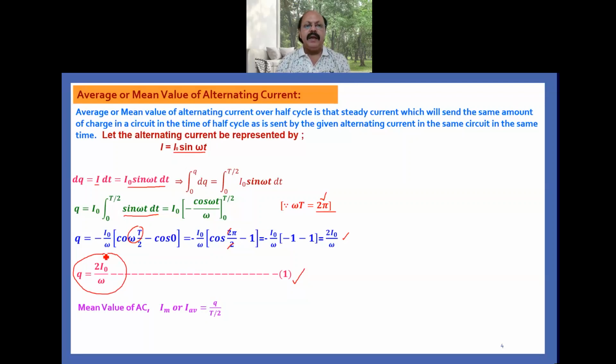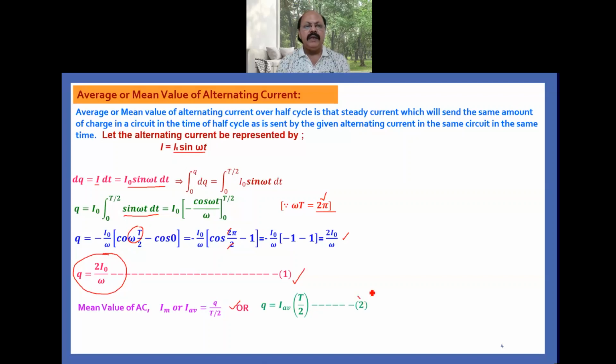Let Im or I average be the mean or average value of alternating current as per definition, that is equal to q upon T by 2.